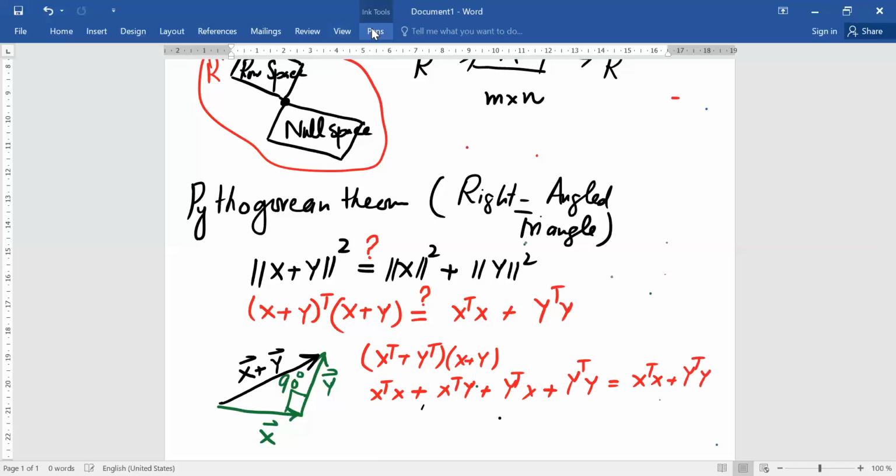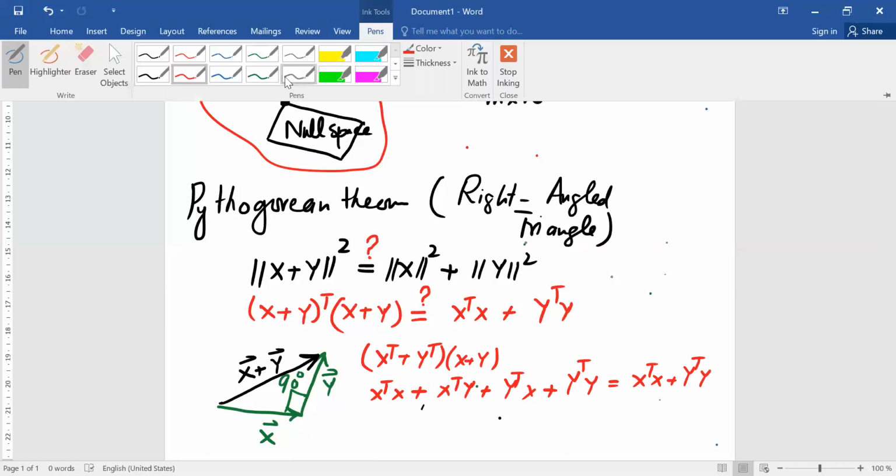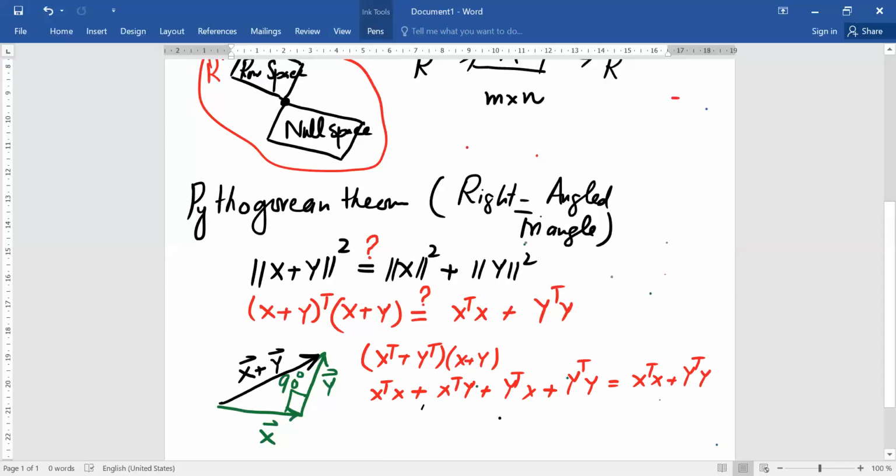Now, if you look into those, here is a question mark. Okay. Now, X transpose Y and Y transpose X are the same thing, because this gives you a dot product of X with Y, and this gives you a dot product of Y with X. So what is a dot product?